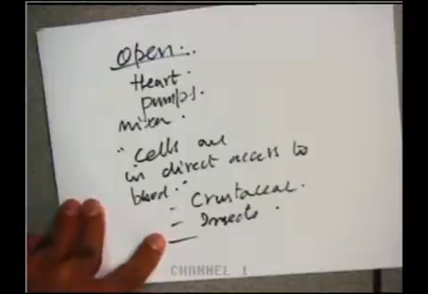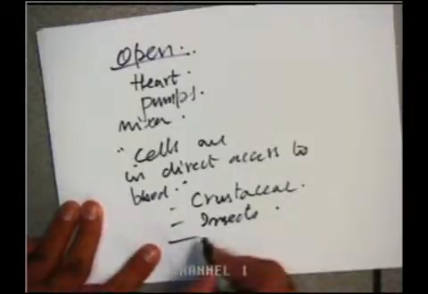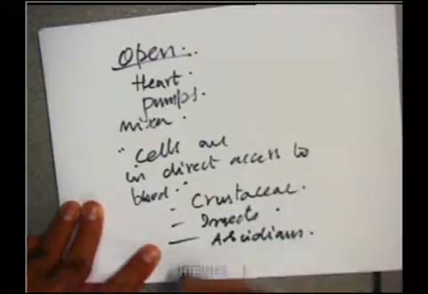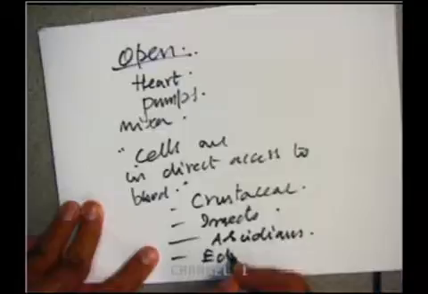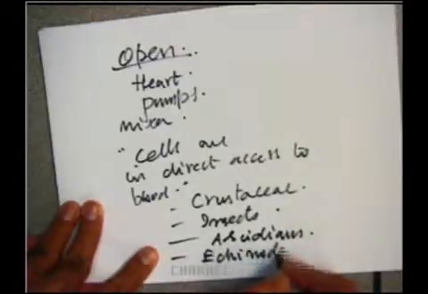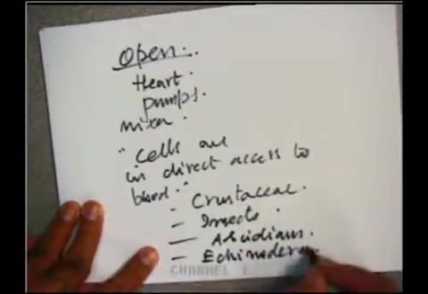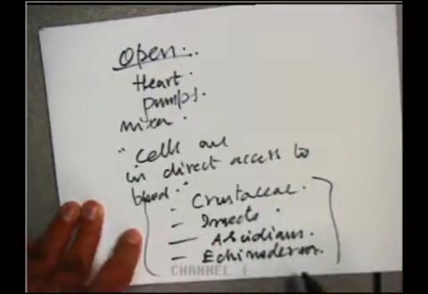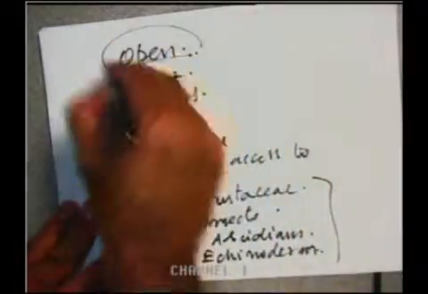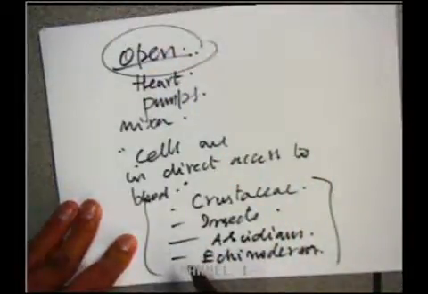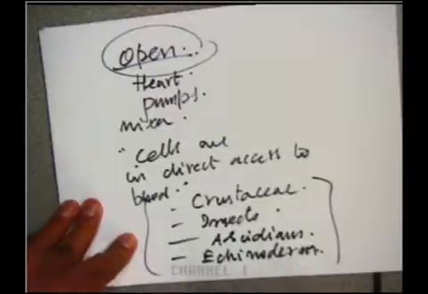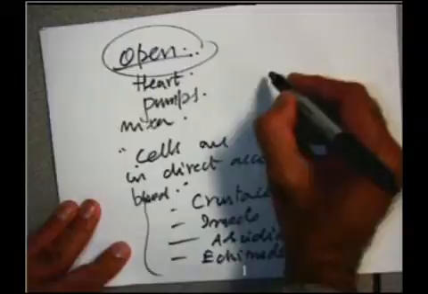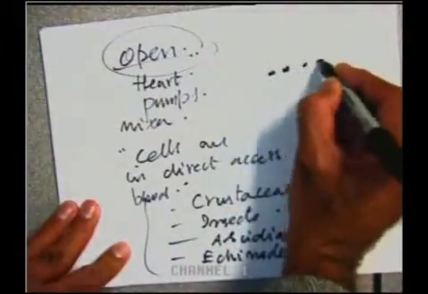Ascidians, A-S-C-I-D-I-A-N-S, and echinoderms, E-C-H-I-N-O-D-E-R-M-S. These species have an open heart or open pump-like circulatory system. Meaning, the cells are here, these are the animal cells.